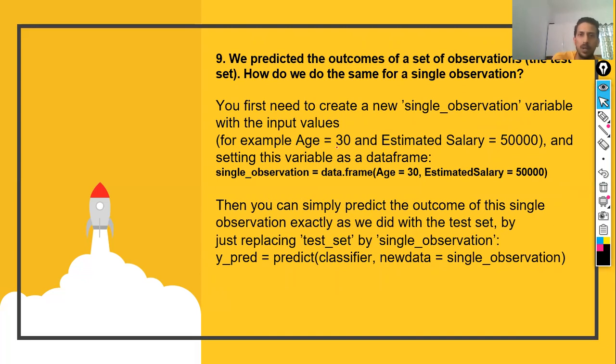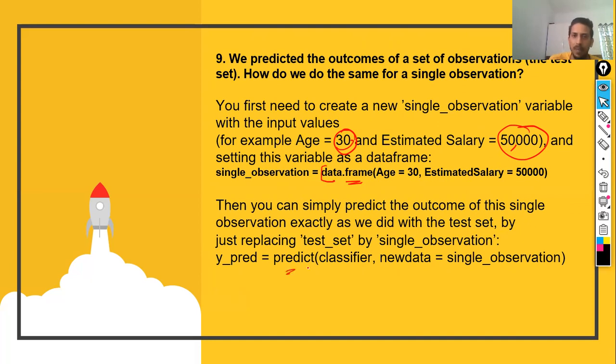So here I'm considering two values, that is age and an estimated salary of 50,000. And I'm using a single observation from my data frame where I'm considering the age is equal to 13, estimated salary of 50,000. The same values are being put up in a data frame.